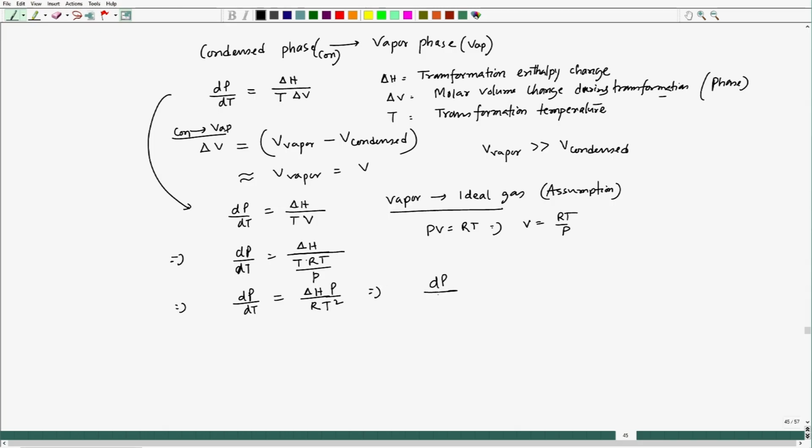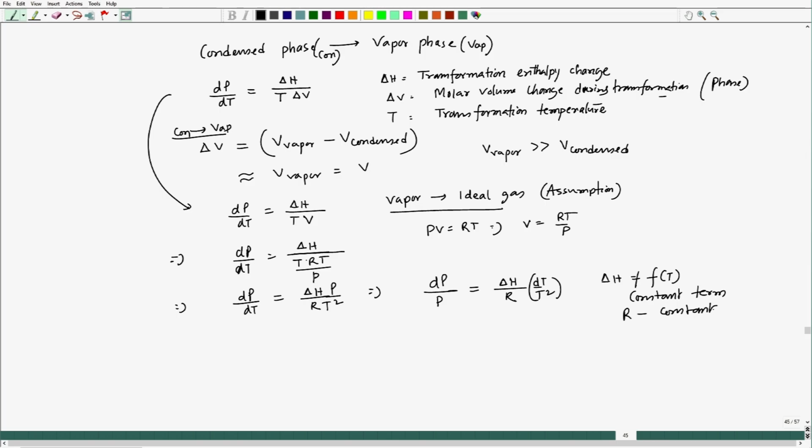I can write this. I have taken it out considering that delta H is not a function of temperature, so it is a constant term, and R is constant.